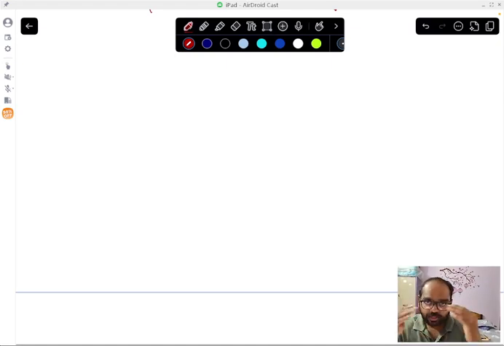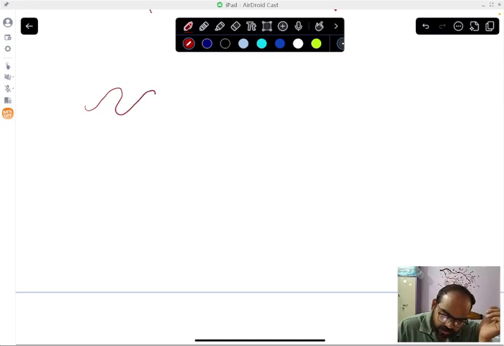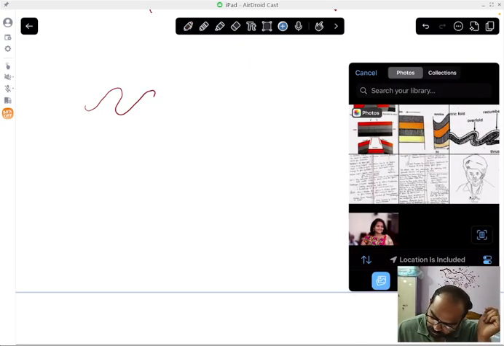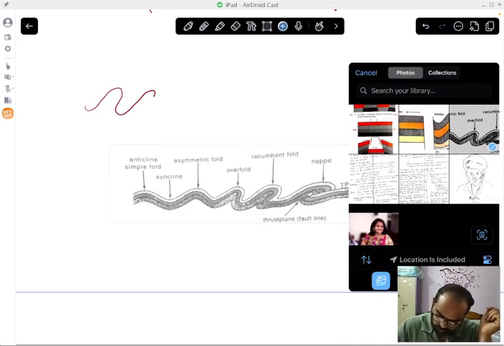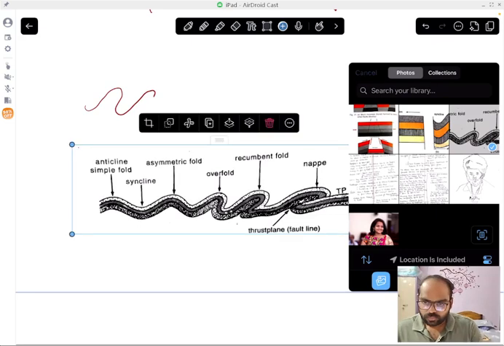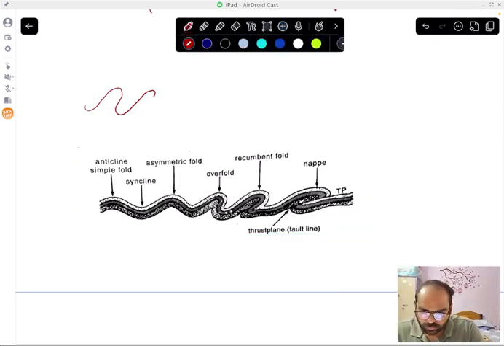I have said that there is crustal bending or folding like this. Due to continuous compression, we can see formation of an anticline, the upper fold, and a syncline, the lower fold.